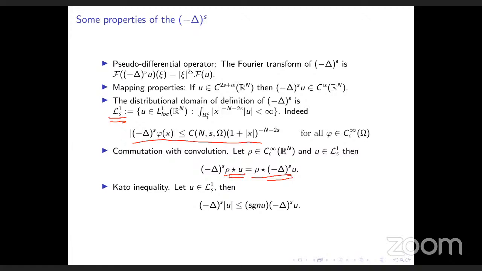You also have the Kato inequality. The Kato inequality is sometimes useful also if you want to obtain decay or bounds of solutions, and maybe one can prove a more general result. Let me try to write.